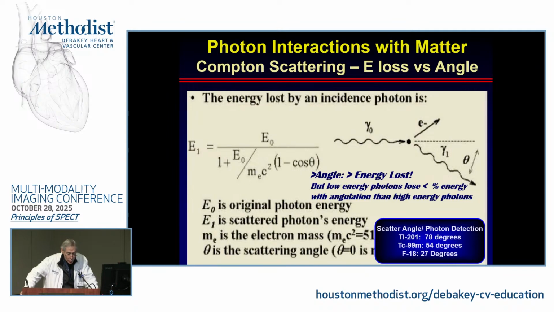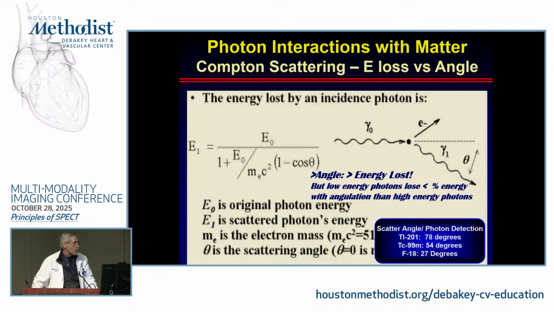With technetium, it's 54 degrees, but look at F18, it's only 27 degrees. So once it goes past 27 degrees, it says, gone, we're not accepting you. But look at all the photons that you're going to accept with thallium and technetium at great angulations, which again degrades the spatial resolution. So Compton scattering is extremely important.